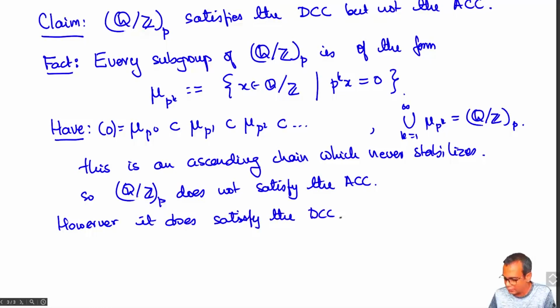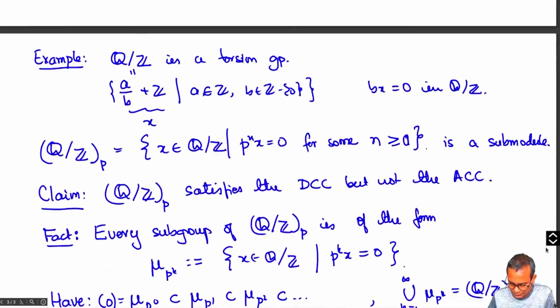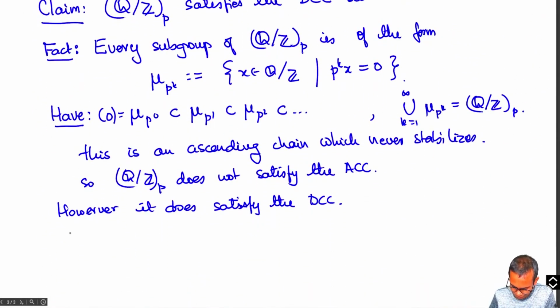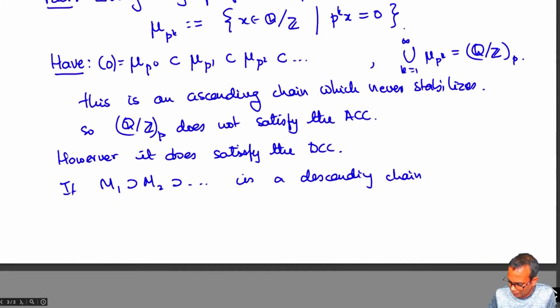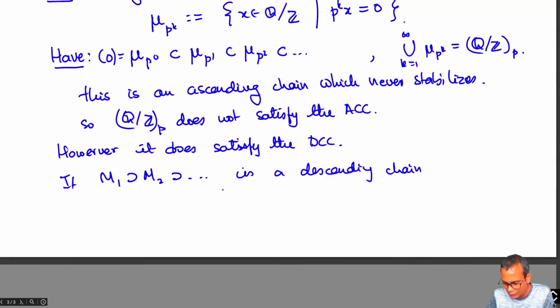For this we'll argue, as in the case of integers. Suppose you have a descending chain. Well, it could be that all the entries of this chain are the full group, the full module itself.